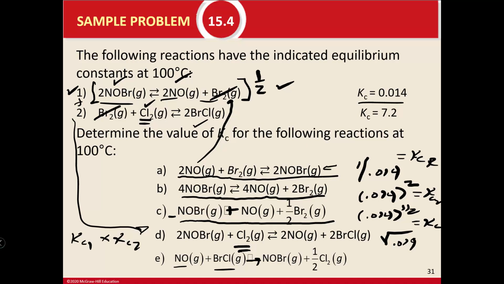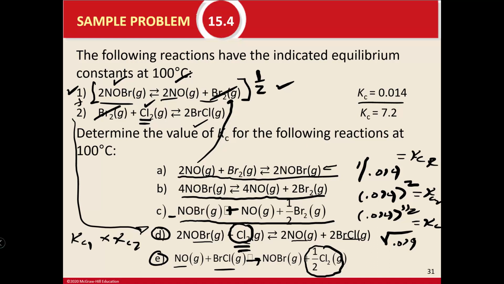You know it's flipped, and you know the multiplier is 1/2. The reason you know is that D and E look the same, the same substances, but you can tell it's flipped. And if you want to see what the multiplier is, you look at this chlorine. It's 1 here, and it's 1/2 here. So this reaction is flipped.